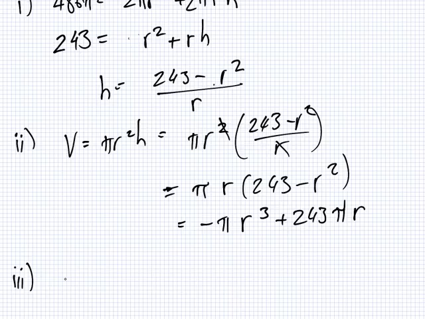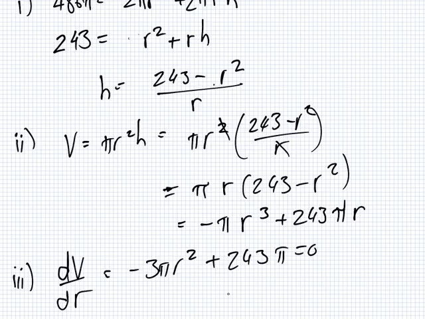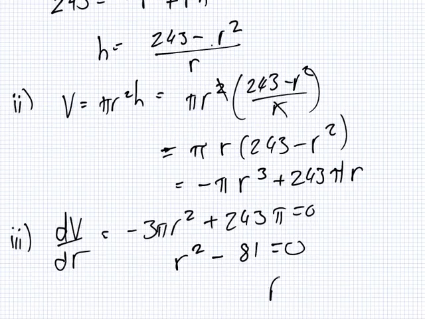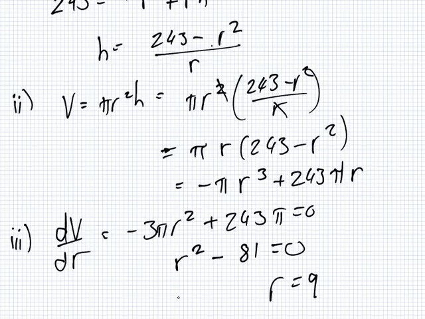Use the derivative to find the maximum, to find the value of r which gives it. Minus 3 pi r squared plus 243 pi equals 0. Dividing by minus 3 pi, I get r squared minus 81 equals 0. So then r equals 9. Reject the minus 9 answer, of course.